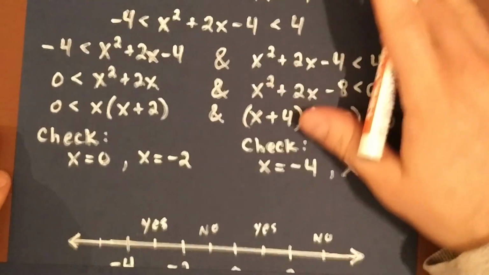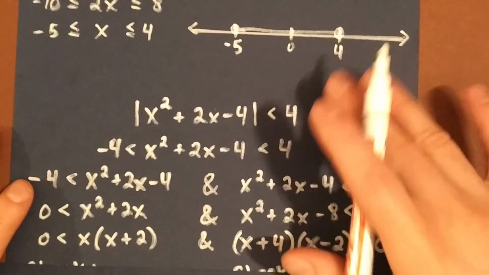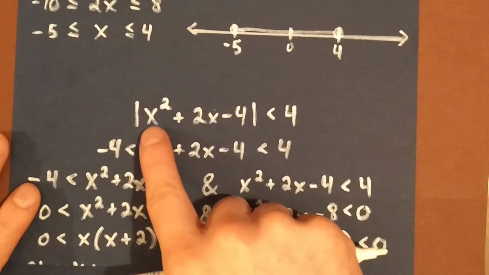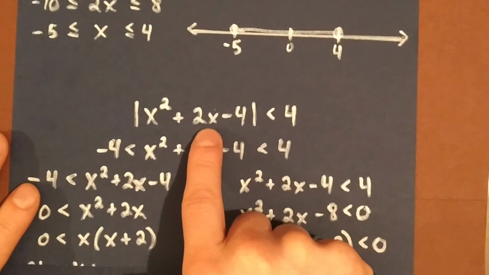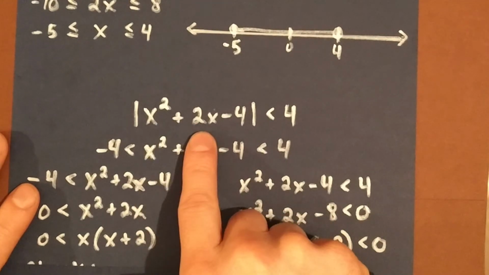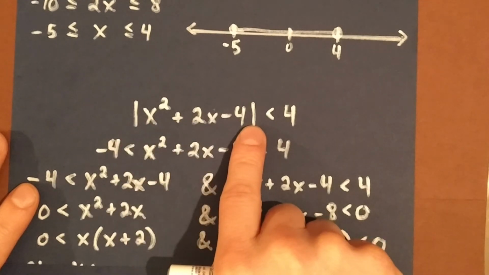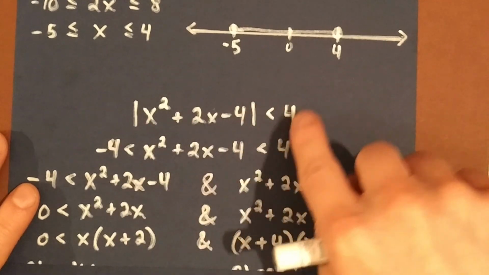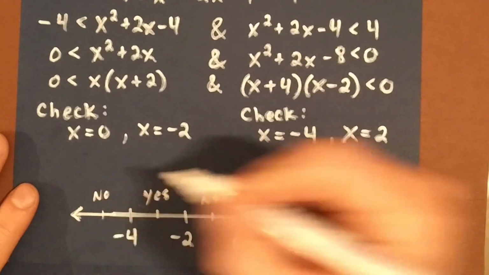And the last one is -5, and maybe you can see a pattern here, and in fact, we'll just double check. -5, so we get 25, that would be -10, 25 minus 10 is 15, minus 4 is 11, absolute value of 11 is 11, which is not less than 4, and so this is a no.